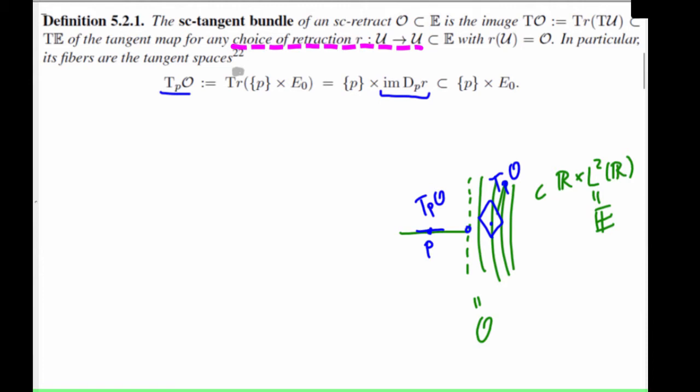Which, in this case, restricted to the image of the linearized retraction, is the identity. So that makes it sort of believable that you get the right spaces here. Except, the problem is that these lines here don't lie in the plane, they lie in L2 of R.